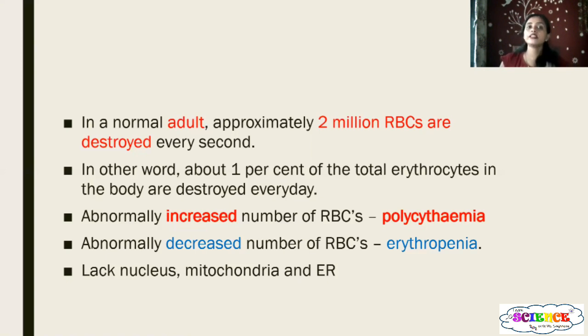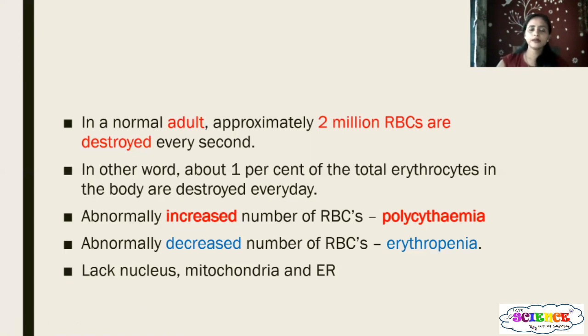So to prevent the usage of oxygen by itself, so that oxygen can be efficiently transported, they don't have any mitochondria. They lack mitochondria so as to avoid usage of oxygen and glucose for themselves, so that they can be transported efficiently.